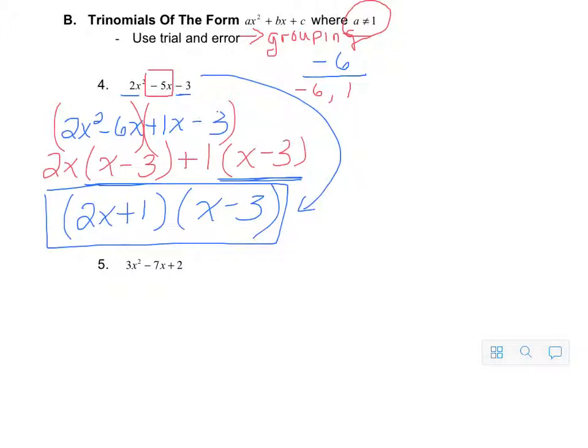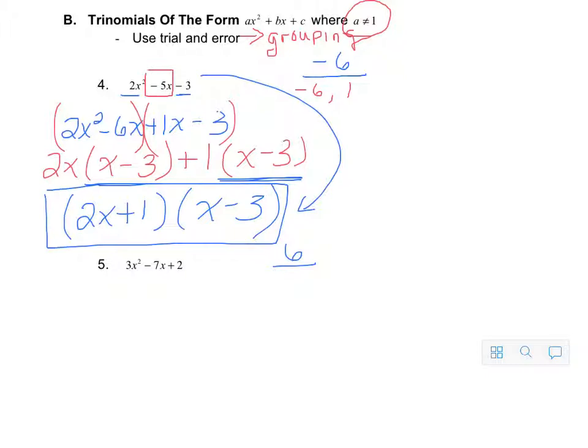Again, I know it's trial and error because of the 3, which means my a value in the quadratic equation is not a 1. So I'm going to change it to grouping. I'm going to take the first term and the last term, and I'm going to multiply them together and get a +6. I need factors of +6 that will give me a -7.